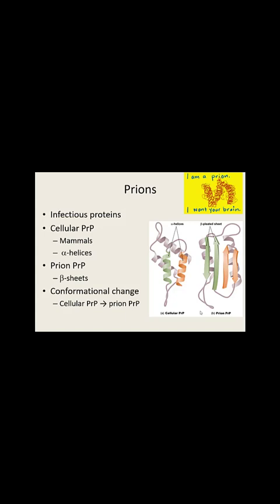Now, all mammals have a particular protein, usually found in their nervous system, called cellular protein P. And it has a lot of these little curly alpha helix shapes to it. And proteins are very specific for their shape. However, what can happen is that these helical shapes can straighten out, and we call them beta sheets.